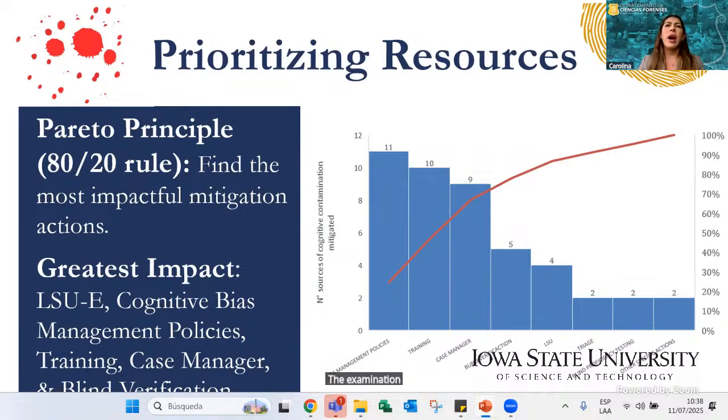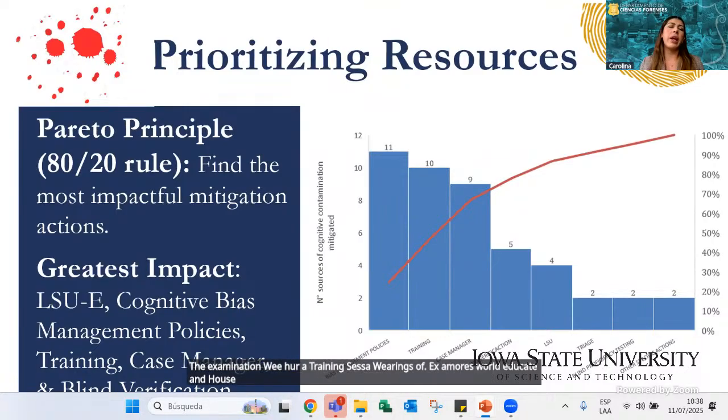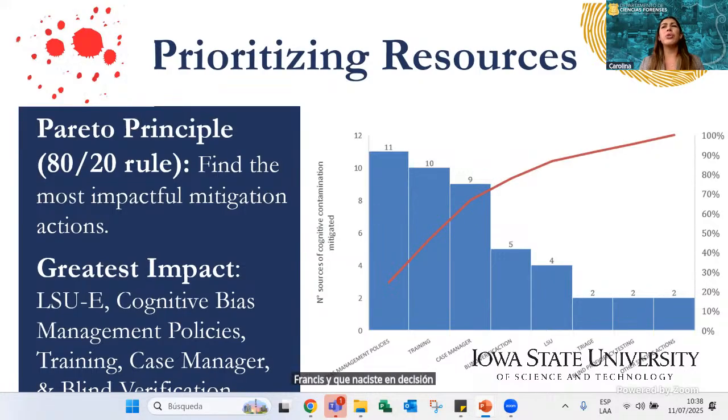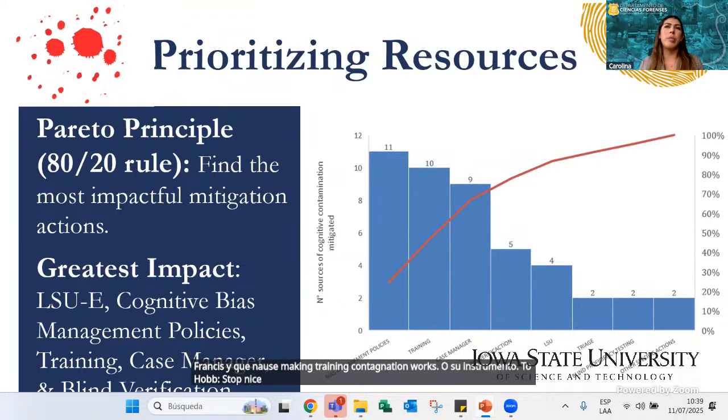Also, we had training sessions to raise awareness of the risks associated with bias in forensic casework. Examiners were educated on how this bias can contaminate forensic analysis and decision making. Additionally, training on cognitive contamination in forensic work was implemented to help staff recognize and address biases.